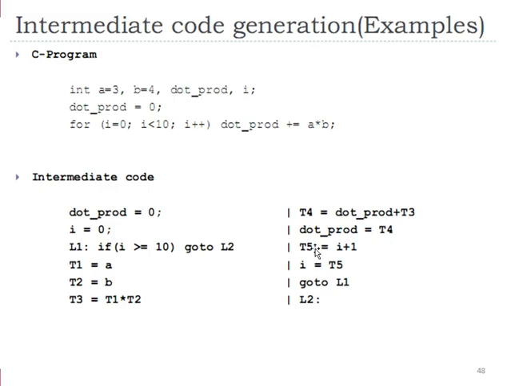Finally, T5 holds the value of i after incrementation, because here we are incrementing the value of i. After incrementing i, we assign T5, and then i equal T5, because i means i equal i plus 1. Then go to L1. This is unconditional jumping.